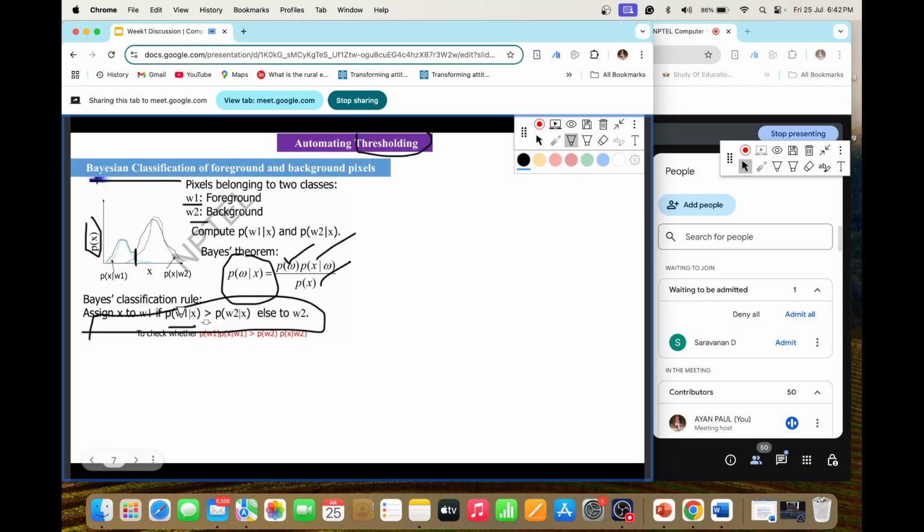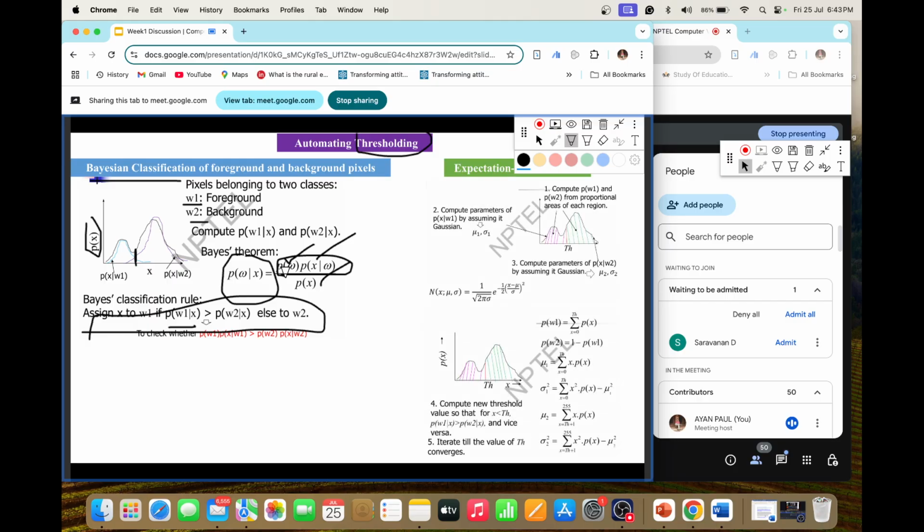That means wherever P(W1|x) is greater, we assign to that class. Now if we compare P(W1|x) and P(W2|x), P(x) is common on both sides, so just by calculating the numerator part, we can get the answer.